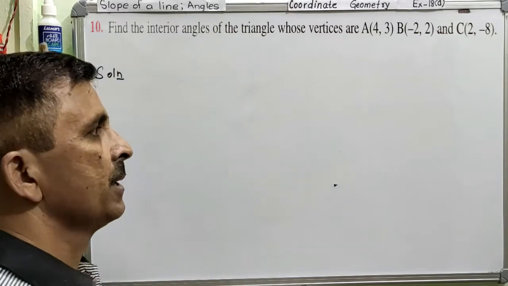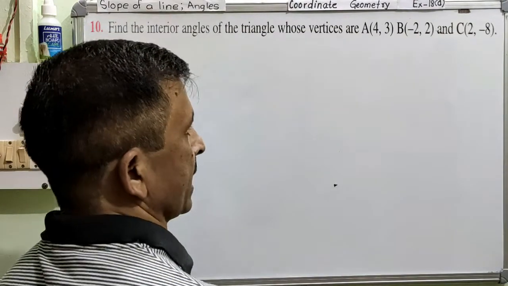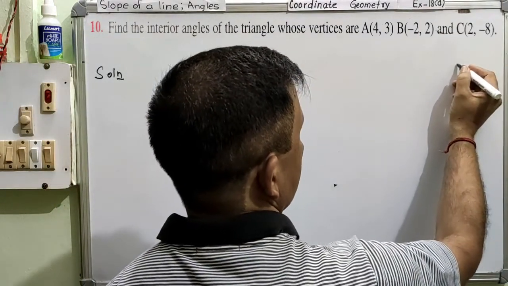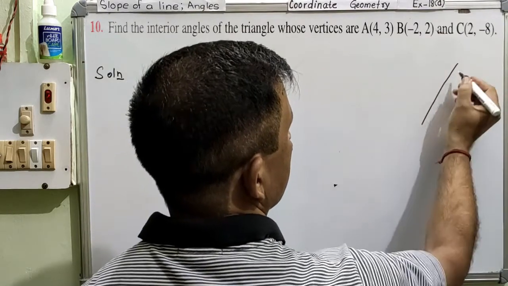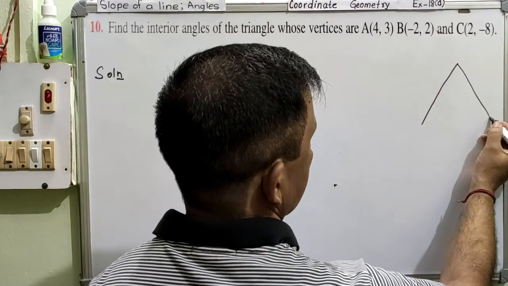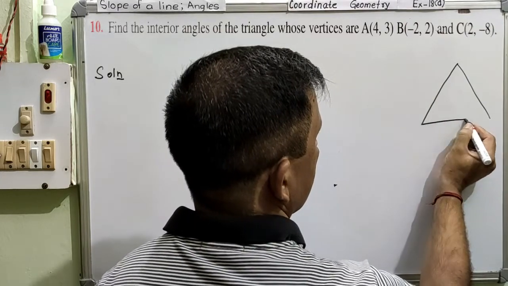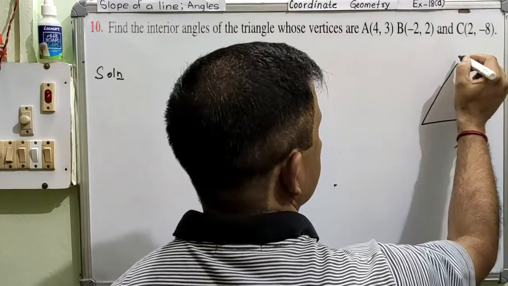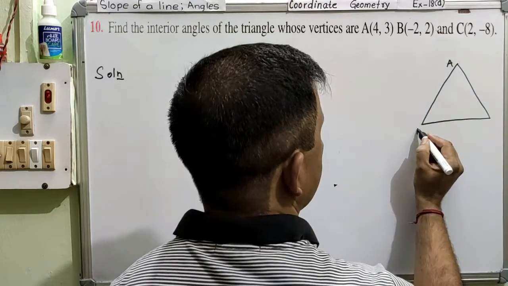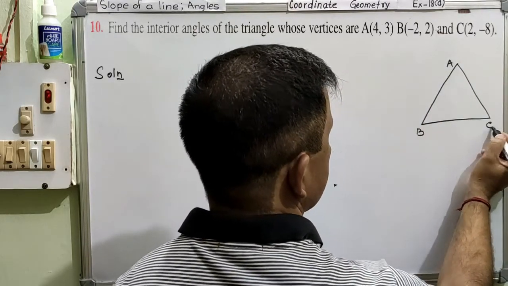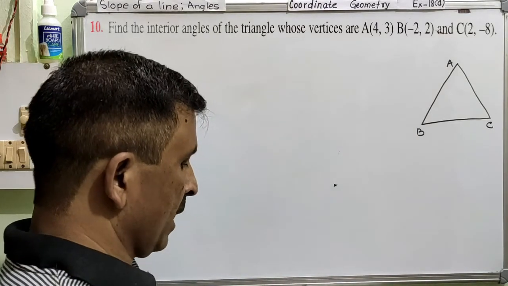I will show you. So let us first of all draw the diagram. One small diagram. This is the triangle. Clear? And the name of this vertex is A. This is B and this is C. Now we have the coordinates of all the 3 points.